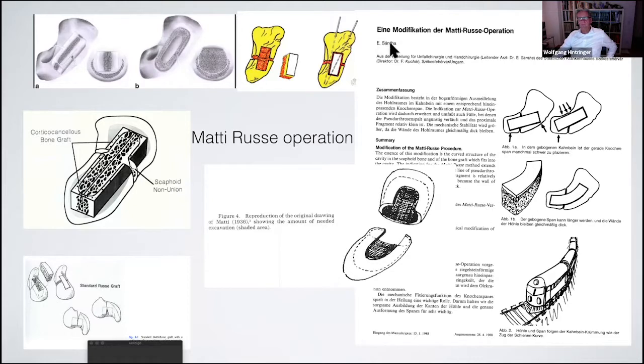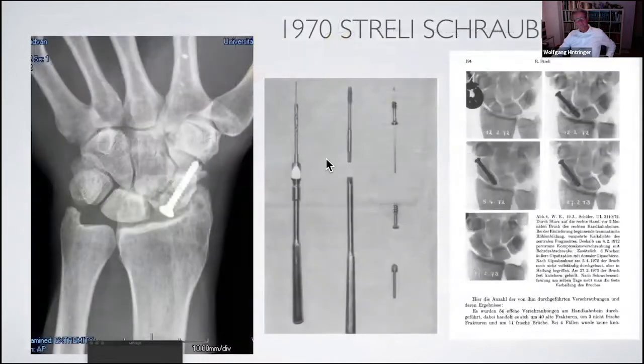Szanto from Hungary, I know him. He did this curved cancellous bone graft into the scaphoid along the convexity of the dorsal aspect of the scaphoid. And then 1970 Stanley came and put in the first Stanley screw.